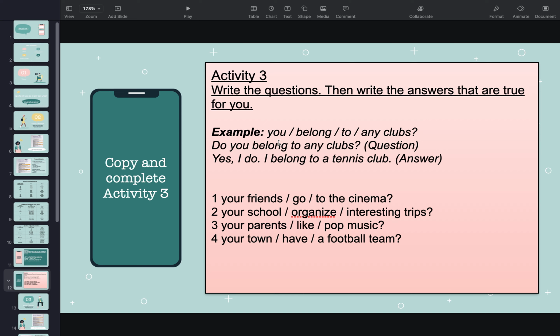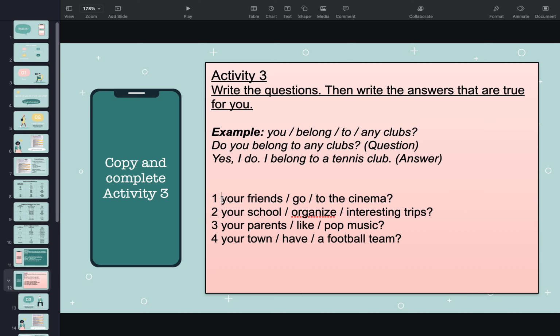Okay? Number 1. Look at the noun. Tengok noun dia. Tengok kat sini. Your friends go to the cinema. Your friends. Okay? So, your friends. Is it singular or plural? Baru kita boleh pilih nak letak do ke does.